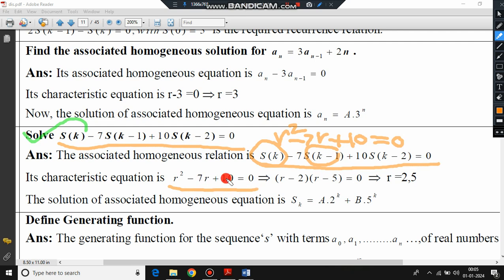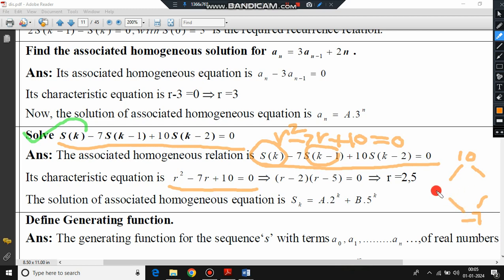Now we are solving this quadratic equation. If you multiply the two numbers, you have to get 10, and if you add them, you have to get minus 7.